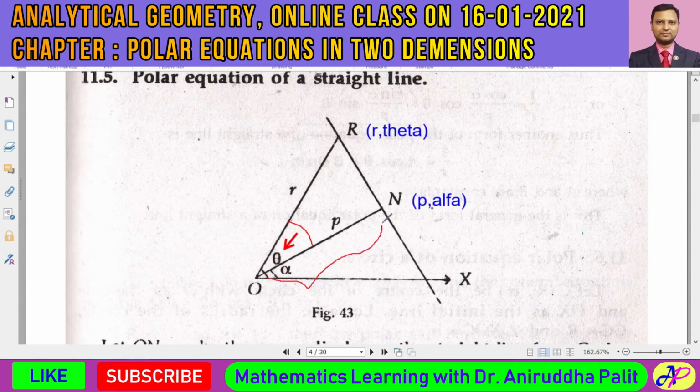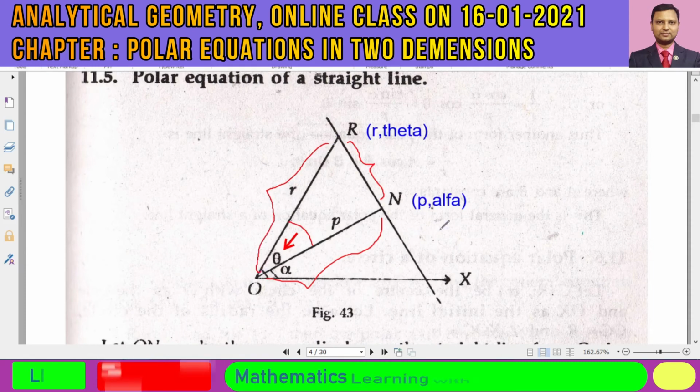This length would be the base, this length would be the perpendicular, and this length would be the hypotenuse.